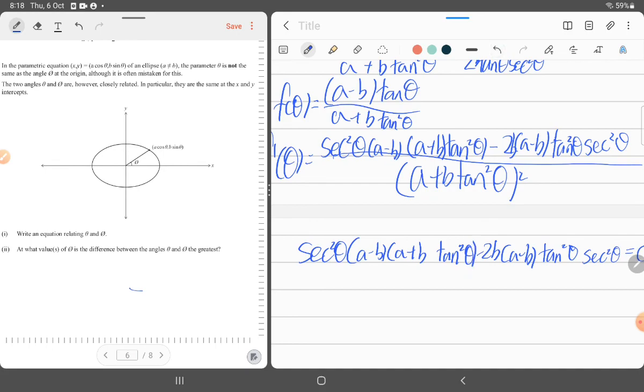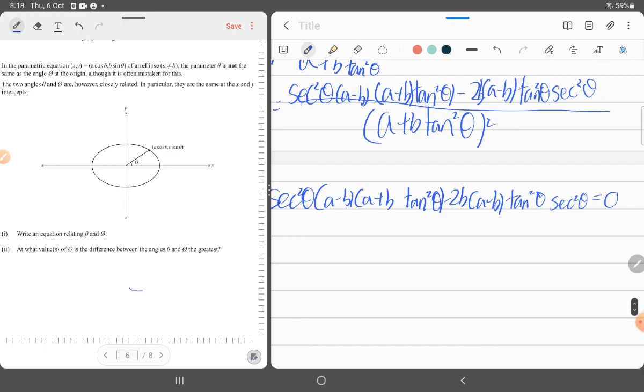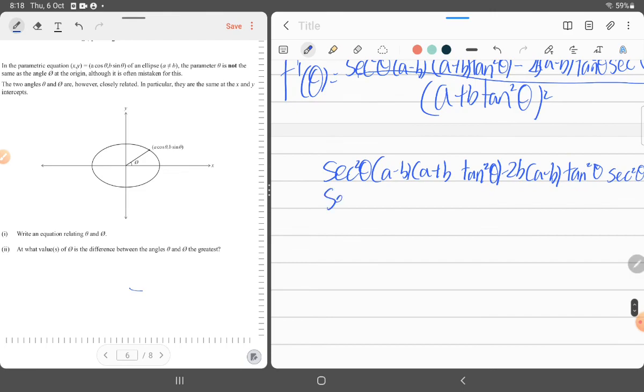So we factor out sec squared, and we can also factor out a minus b from here.